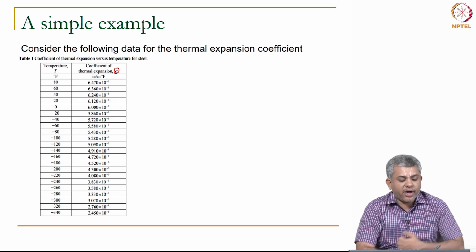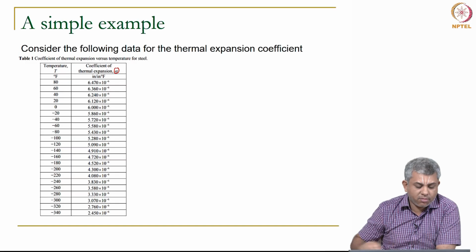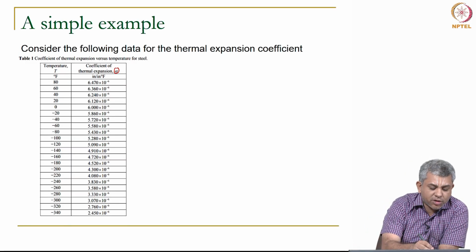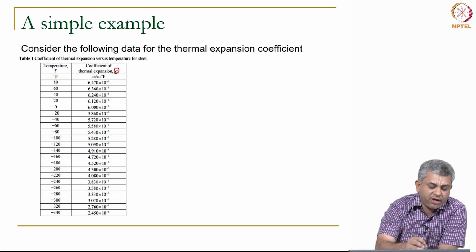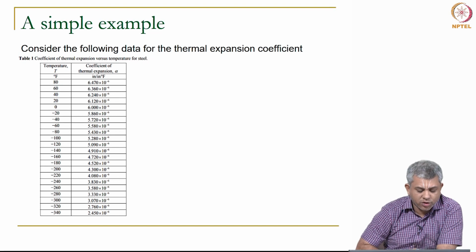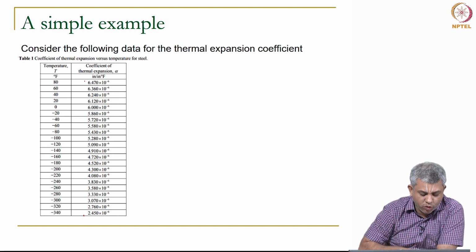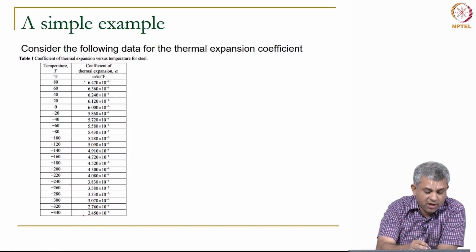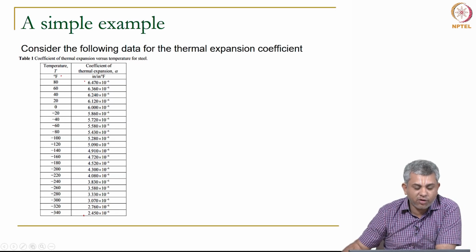So, here is some data about the thermal expansion coefficient of steel with temperature. This is taken from a source where temperature is actually given in Fahrenheit instead of Celsius. Okay. So, you can see a reasonable amount of variation between 6.47 to 2.45 for a large variation in temperature. Remember, this is temperature in Fahrenheit, which is why you get minus 340 etc. In Kelvin you would not get that.